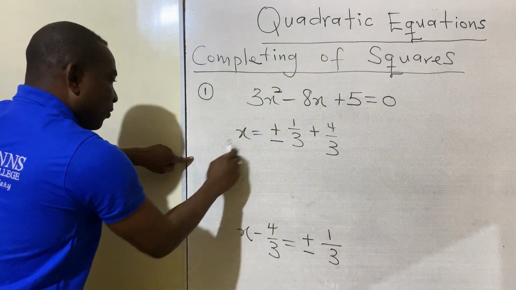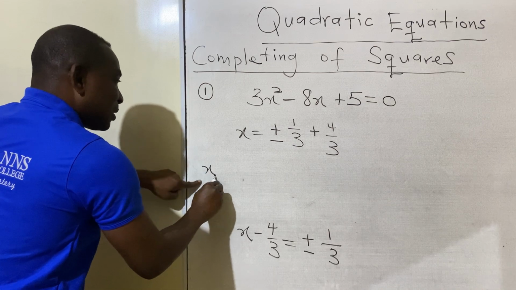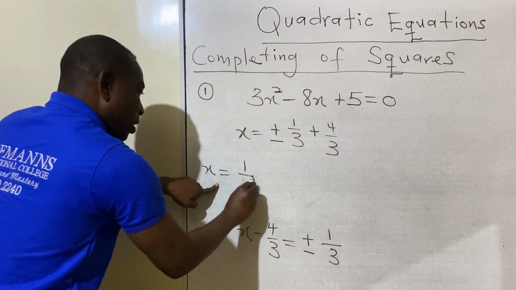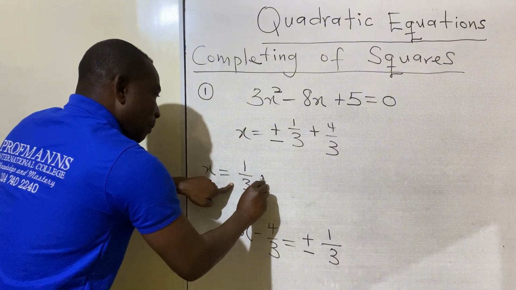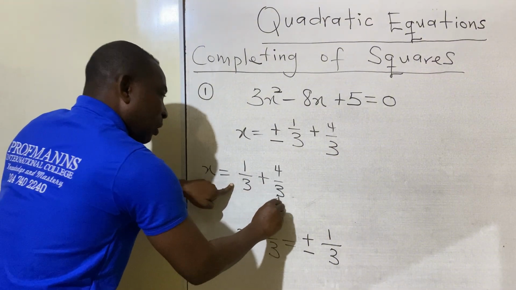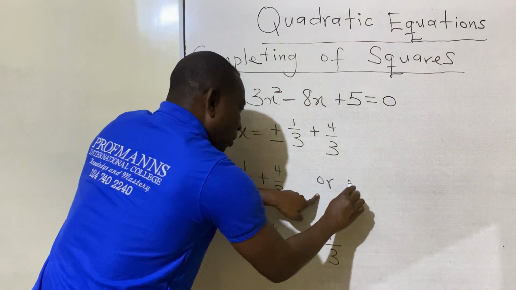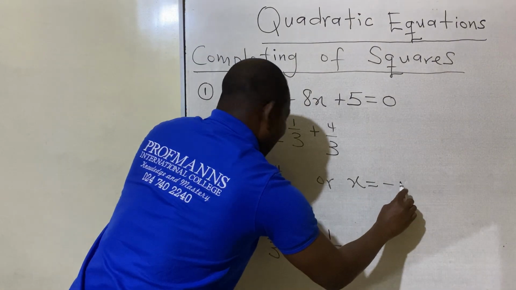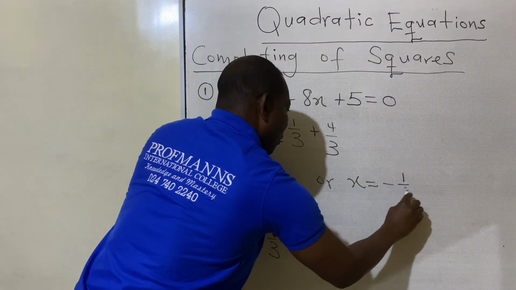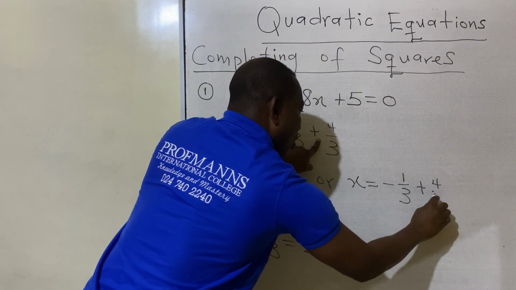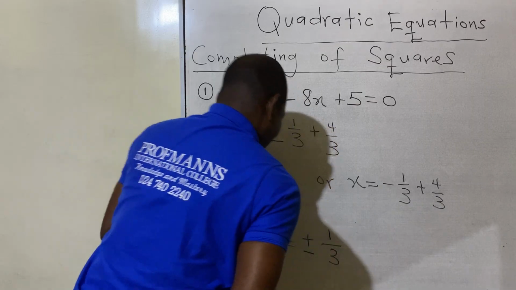So here we have either x is equal to, we are using the positive first, 1 over 3 plus 4 over 3, or x is equal to, we use the minus, minus 1 over 3 plus 4 over 3.